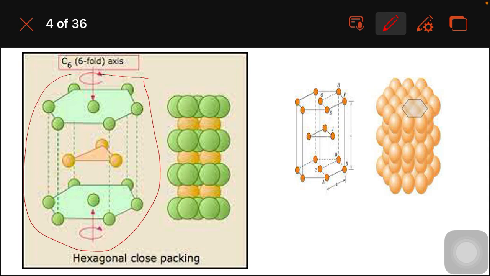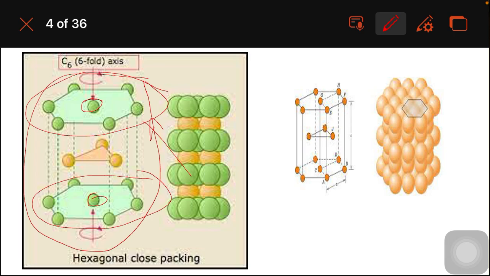The unit cell of the HCP structure comprises a total of 17 atoms. Here are two hexagons, this is the top layer and this is the bottom layer, and atoms are placed at the corners of each hexagon, and also there is an atom present at the center of each hexagon.